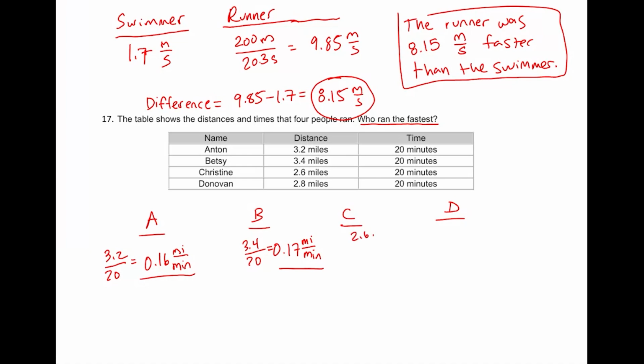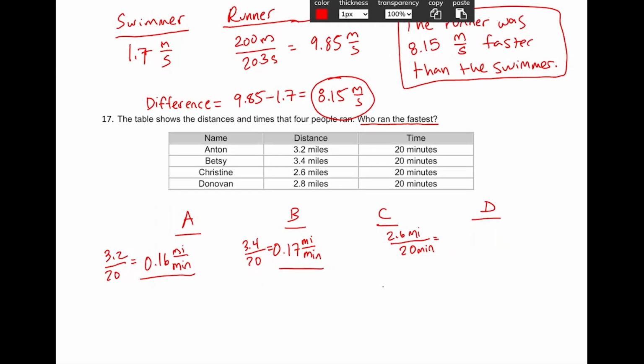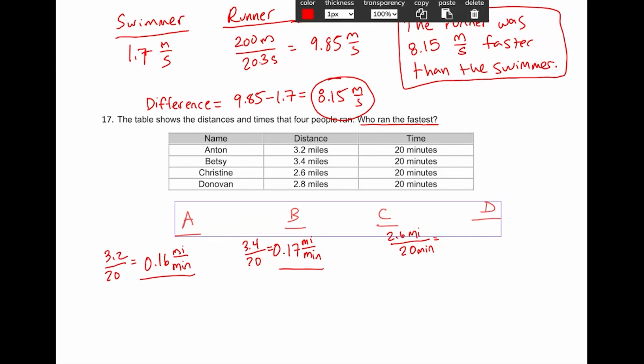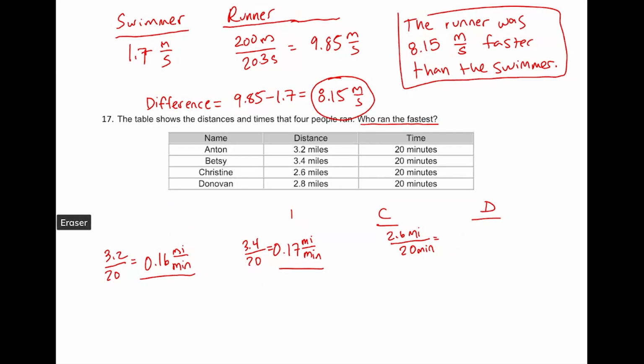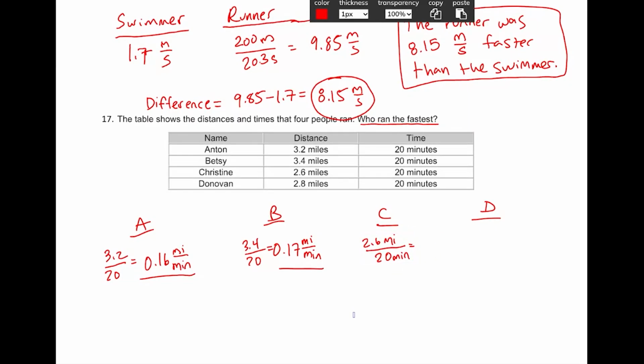Christine was 2.6 miles in 20 minutes. Let's just move all this over, give myself a little bit more space to work here. There we go. Okay, so Christine, 2.6 miles in 20 minutes, when we divide that, is 0.13 miles per minute.